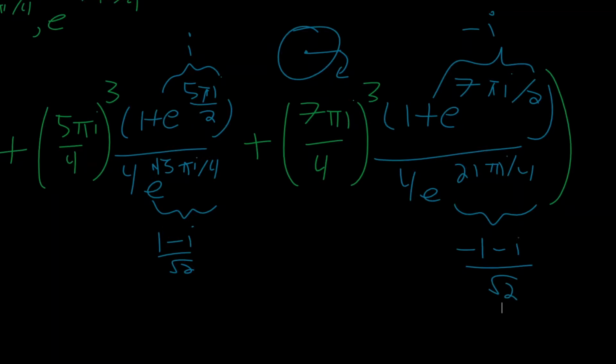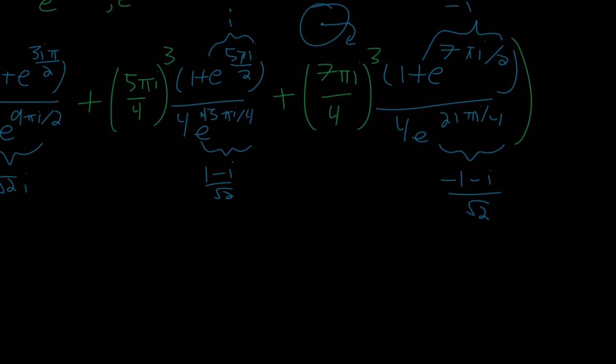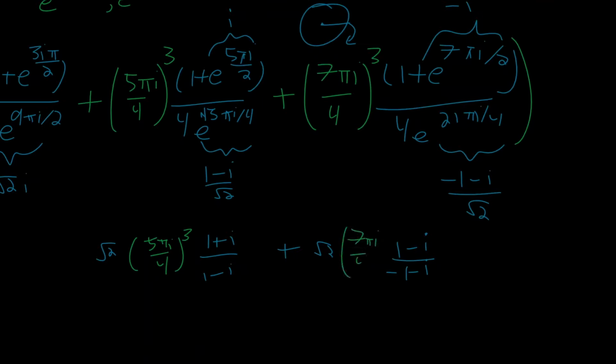So simplifying all these terms, we find that we have 5 pi i over 4 to the third, and then 1 plus i over 1 minus i. And then here we have minus 1 minus i, and then we have a 1 minus i here. And we have a square root of 2 outside of all this as well, so square root of 2, square root of 2, I'll add the plus. And then just slowly filling in all of our terms, we have a 7 pi i over 4 also to the third.